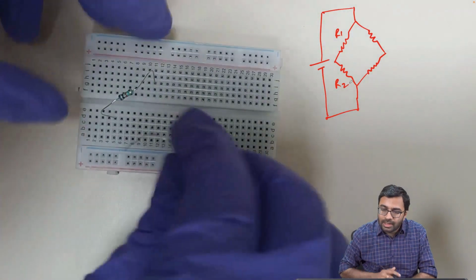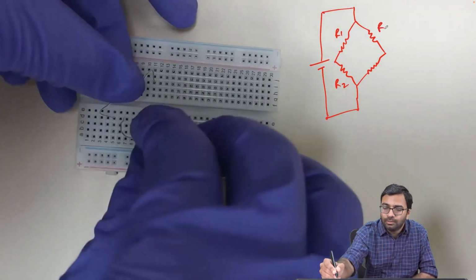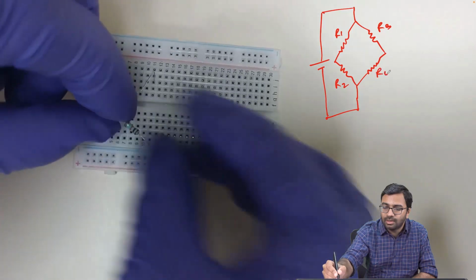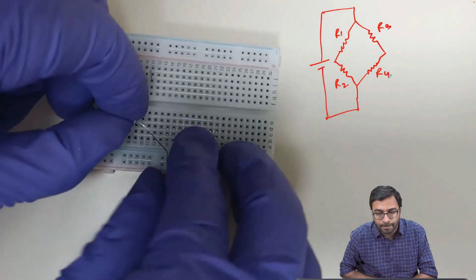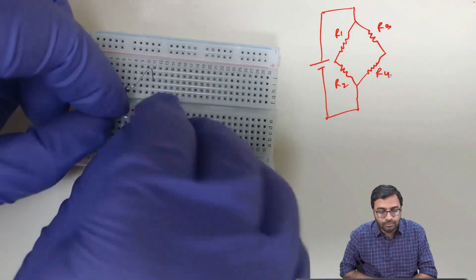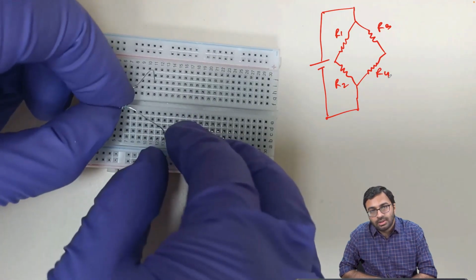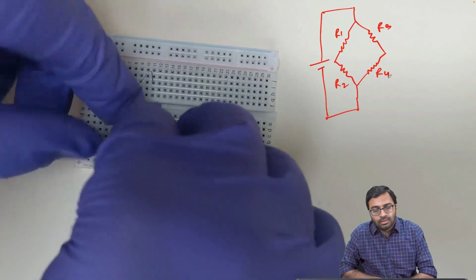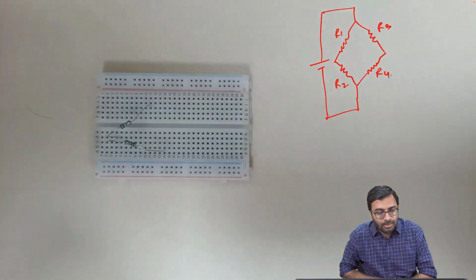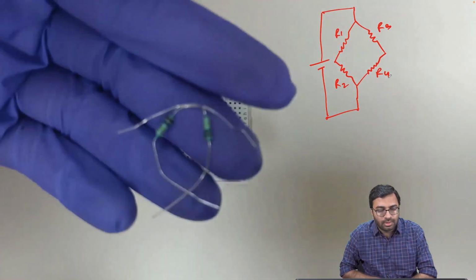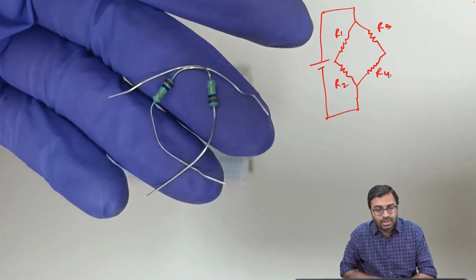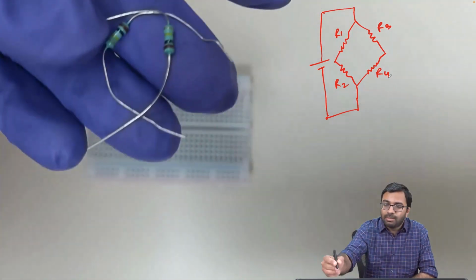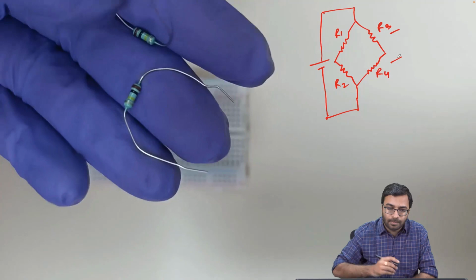and then we will take 2 other resistors, R3 and R4 as well. So the resistors in this case are similar. So this is the new set of resistors that we are connecting in place of R3 and R4.